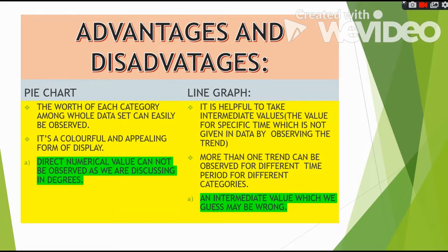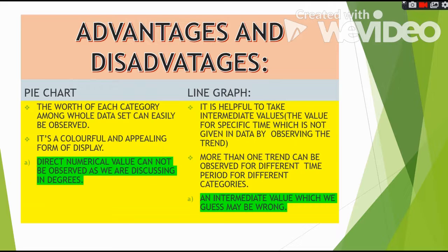Among the circle you can differentiate better: if 1/4 of the whole data is one category, it is clearly consuming 0 to 90 degrees or maybe 90 to 180 degrees. So you can say that this category holds 1/4 of the whole data.